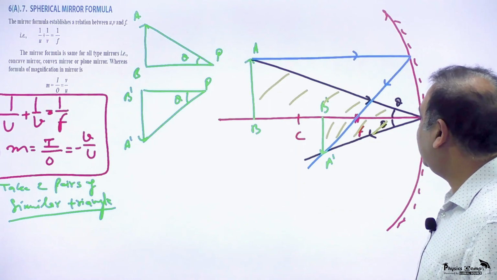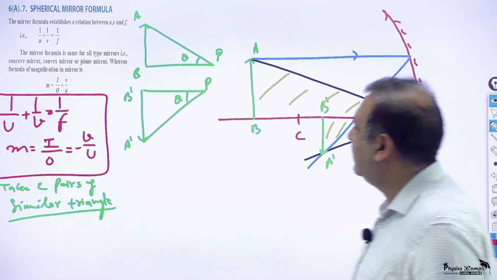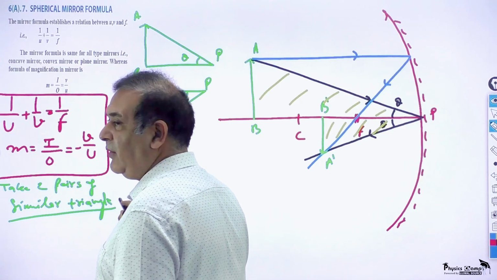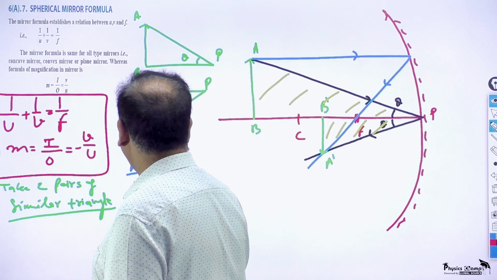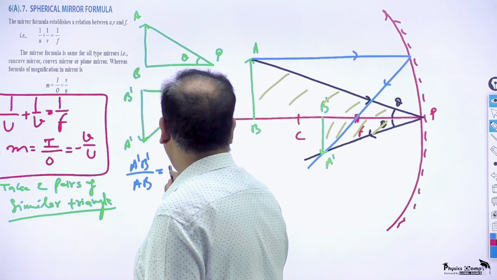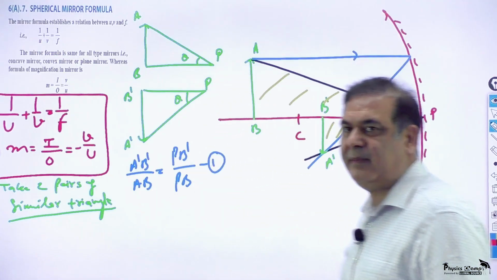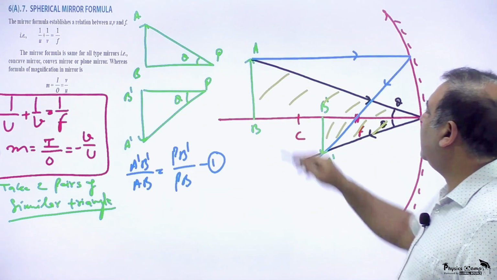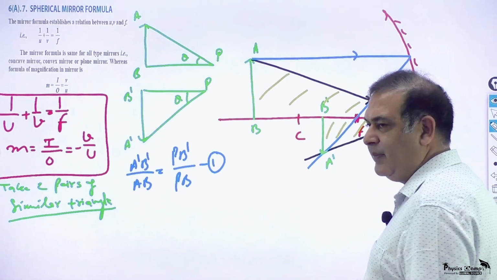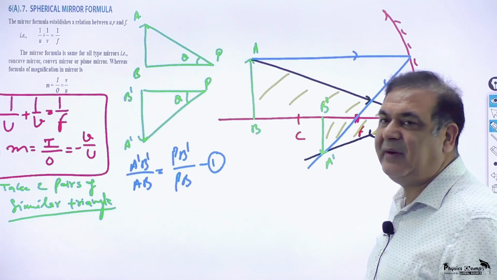These are two similar triangles. And in this pair of similar triangle, the ratio of all angles are same. That's why the ratio of all sides will be same. So A dash B dash by AB is equal to PB dash by PB. So this is my first take. In these two similar triangles ABP and A dash B dash P, because all angles are same, all sides are also in the same ratio.